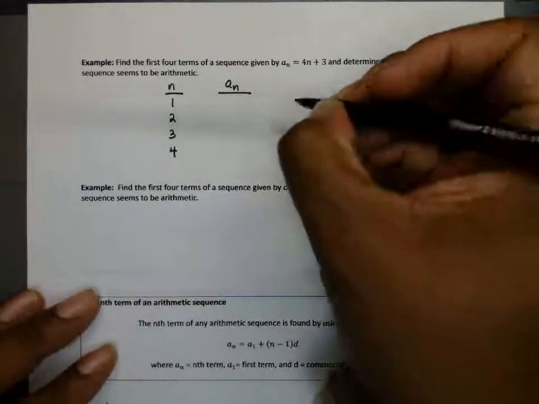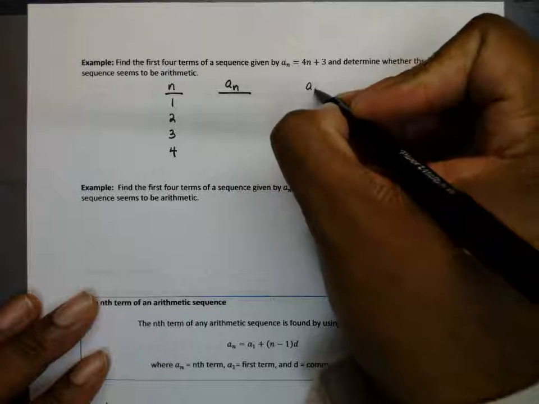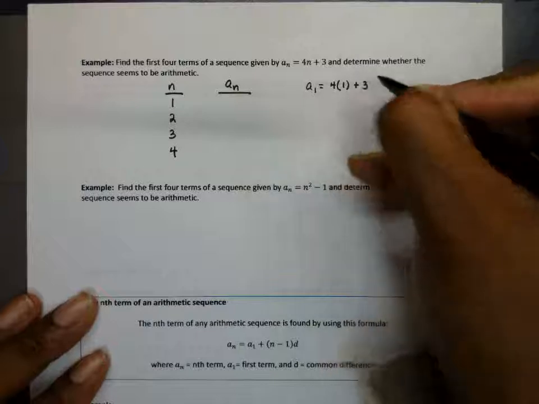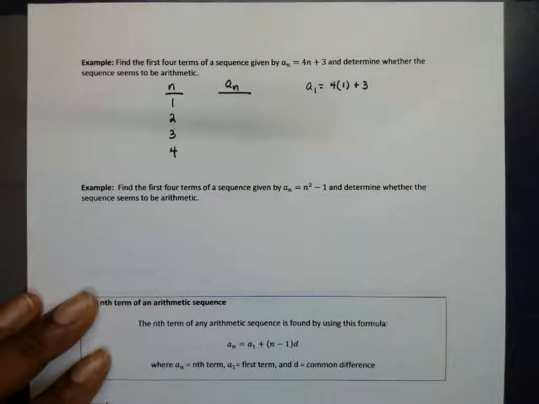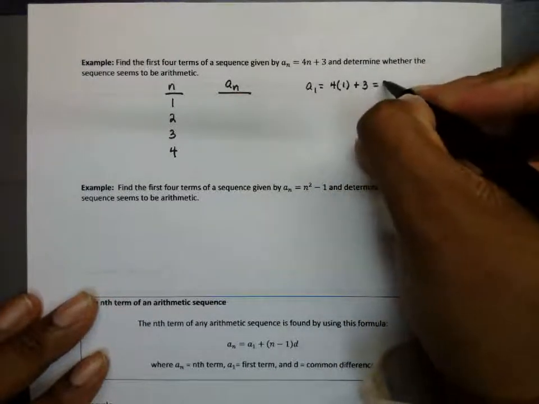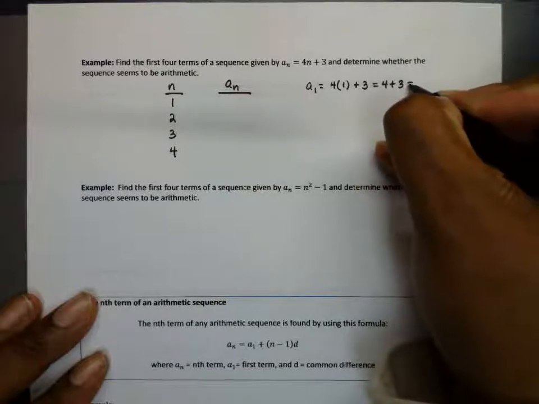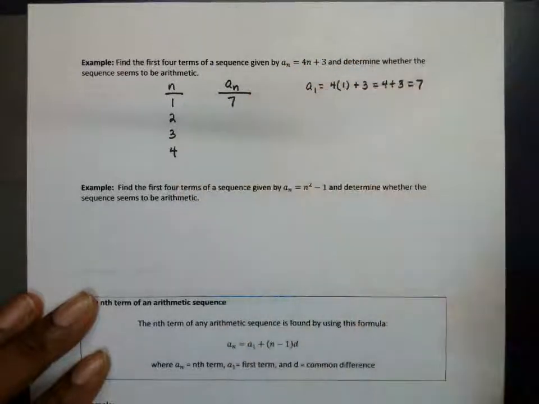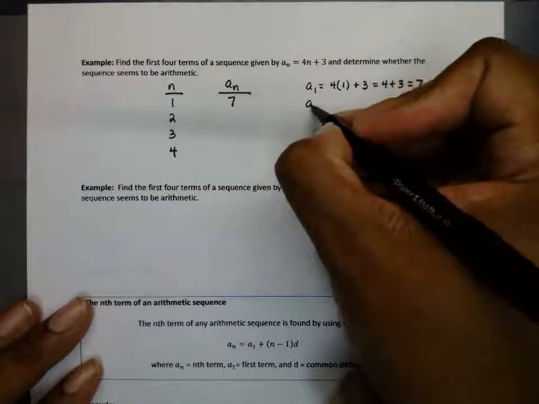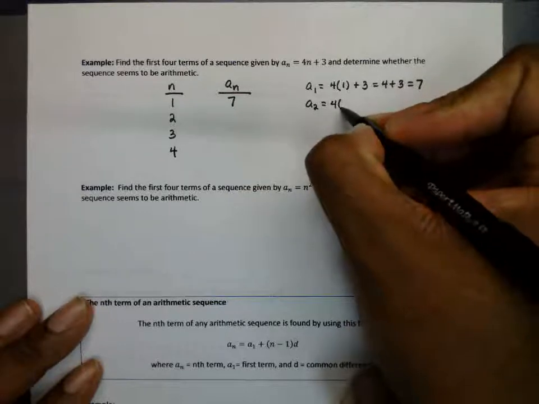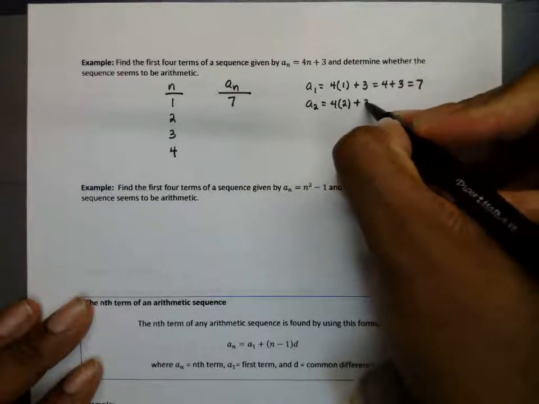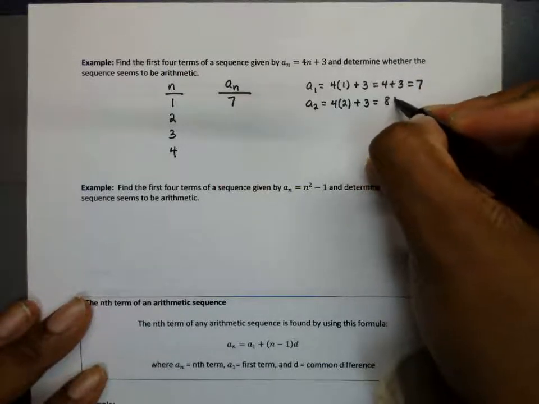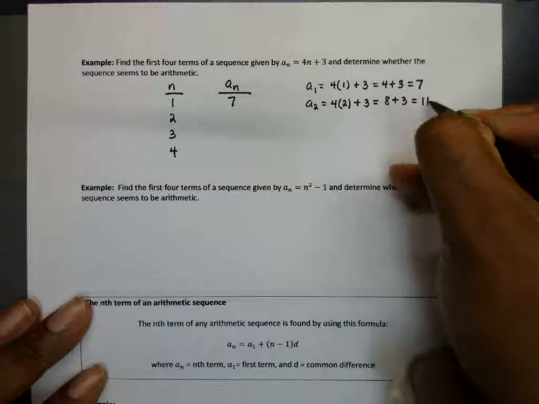So if n is 1, that would mean that a sub 1 is equal to 4 times n, which is 1, plus 3. So 4 times 1 would be 4. 4 plus 3 is 7. So the first term would be 7. And then a sub 2 would be 4 times 2, plus 3. 4 times 2 would be 8. 8 plus 3 would be 11.